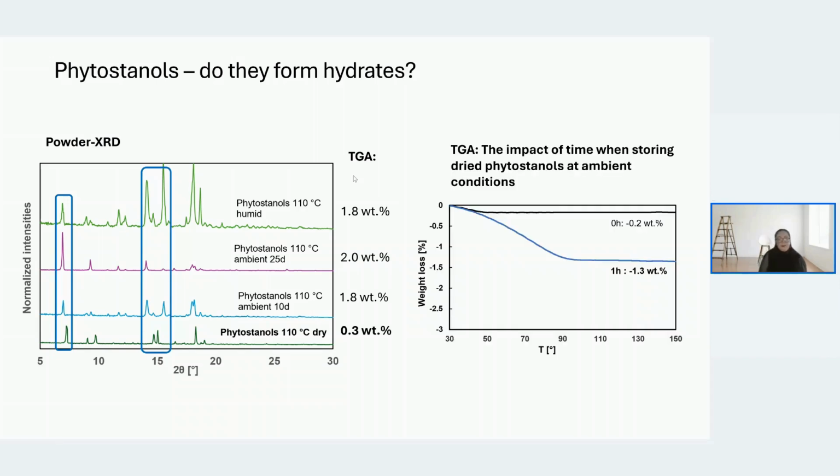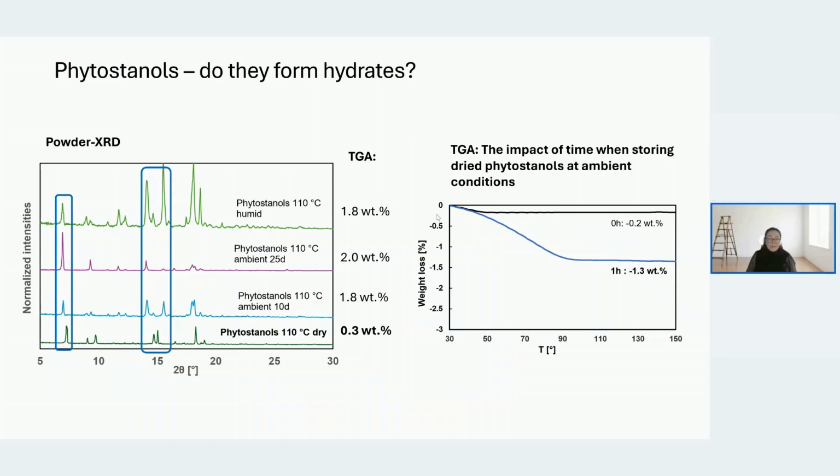Again, how is the time impacting there? Practically the same stanol material, but we first fully dried it, and we could think that there is an anhydrate structure. We found in the TGA that this material contained 0.2 weight% moisture.